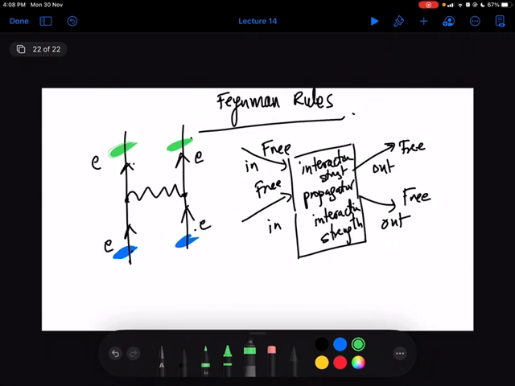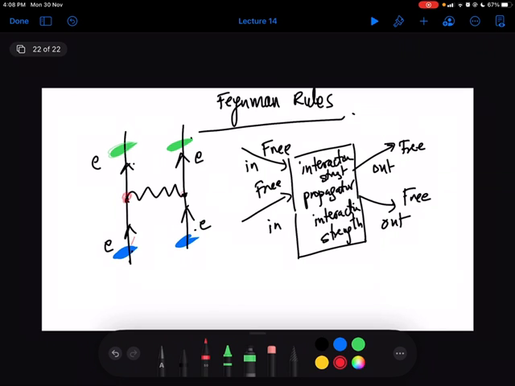So the in states come, and there is an interaction here. This is a current interaction: an in state and an out state current interacting with a photon.